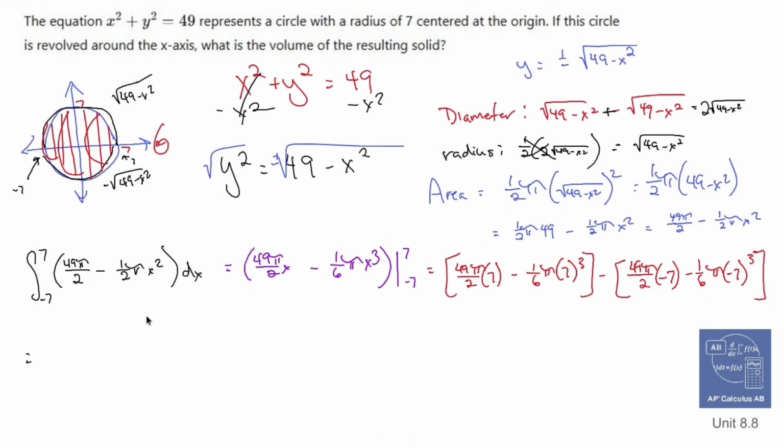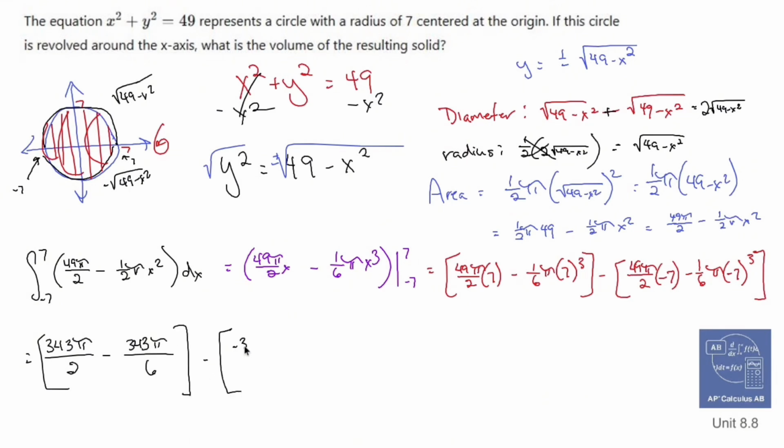What do we get? 49 times 7 is, I think, 343. I know you guys always comment when I make mistakes. So 343 pi over 2 minus 343 pi over 6, right? Because 7 cubed. And these are going to be the same exact numbers but flipped.